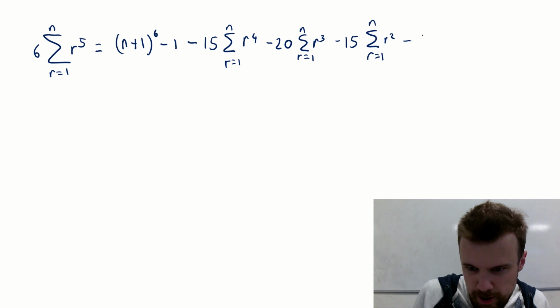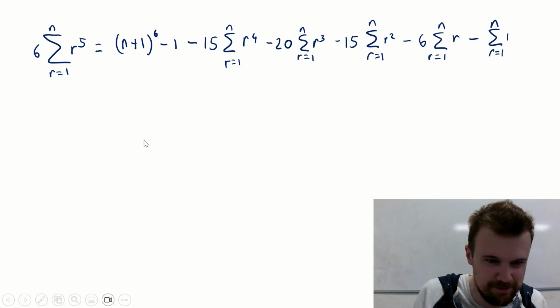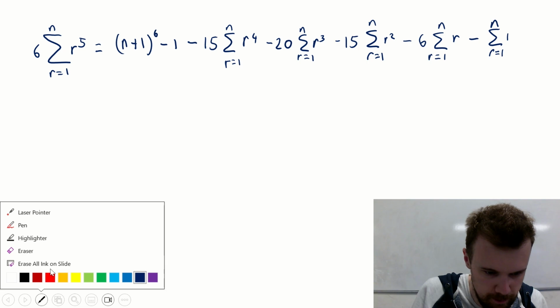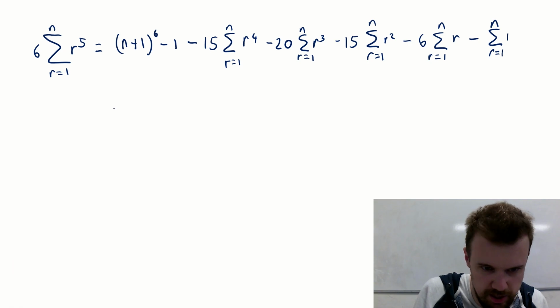We're just about going to have enough room here. Take away 6 lots of series formula for r, and then minus the series formula for 1. Again, always just that 1 on the end, which makes it nice, I guess. Oh, my pen's disappeared. There you go.